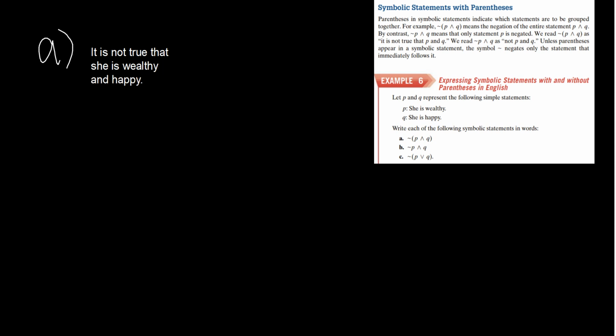We'll just do all of them like this. For B, we have not P and Q. So we would say that she is not wealthy and she is happy.